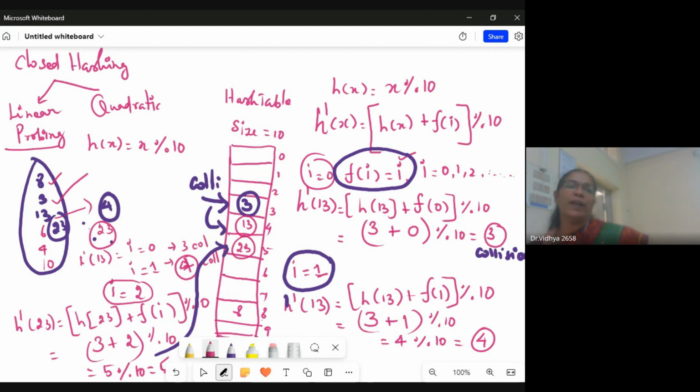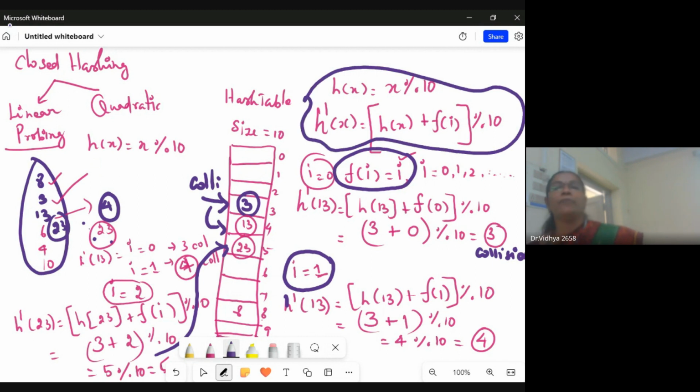Next, once again I repeat, we have closed techniques: linear probing and quadratic probing. In linear probing we apply the formula. Please remember this formula to identify the position of the element. Then we move to quadratic probing.